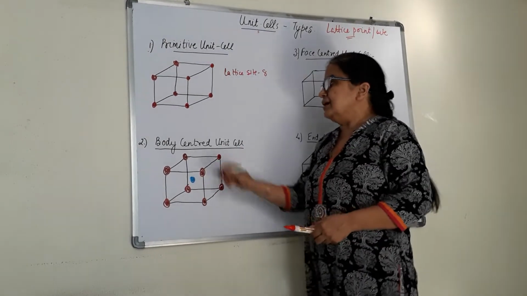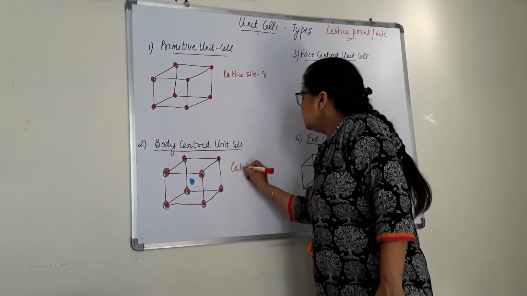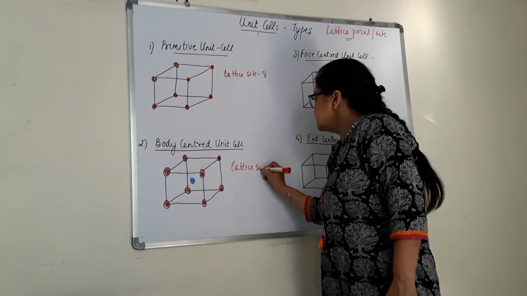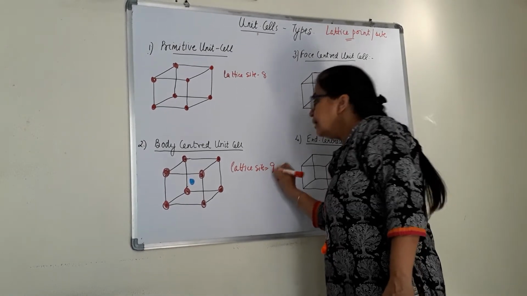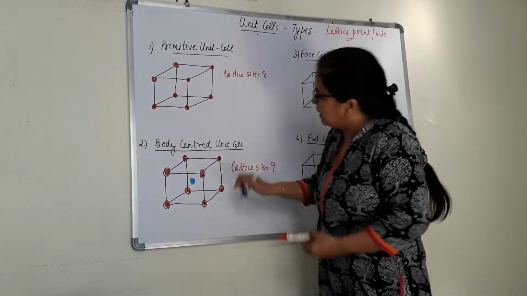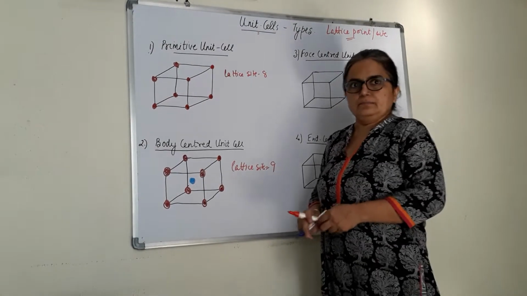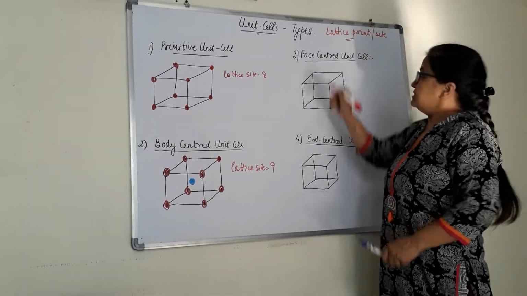So in total there are 9 lattice sites. All corners are occupied plus one constituent particle is also present in the center. Clear?